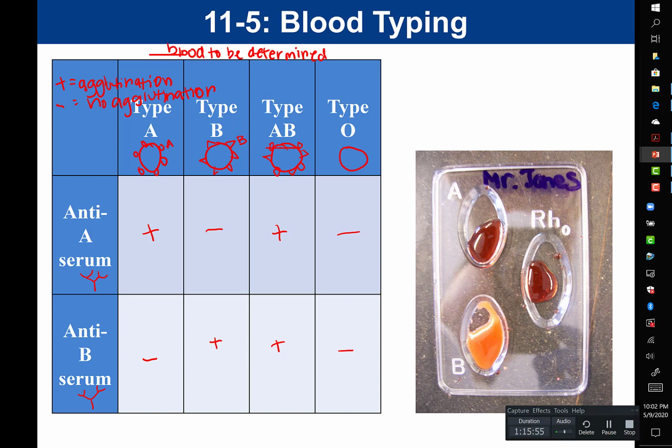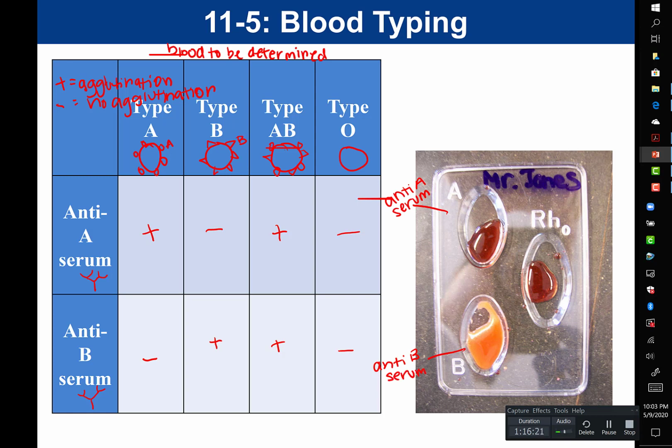And we put a drop of blood in each of those wells. The one that's A has the anti-A serum. The one that is B has anti-B serum.